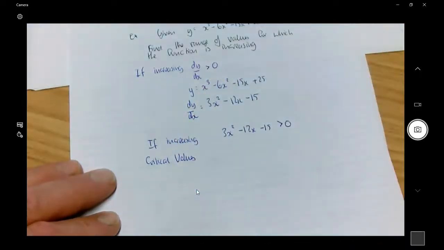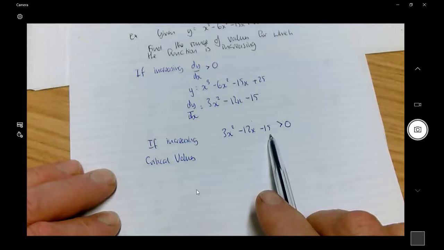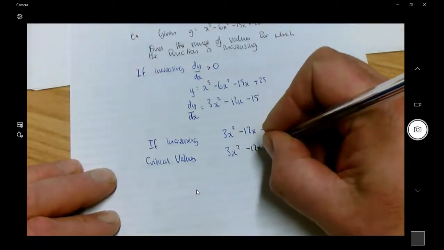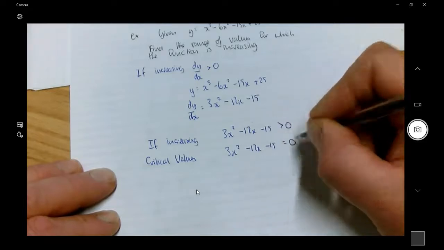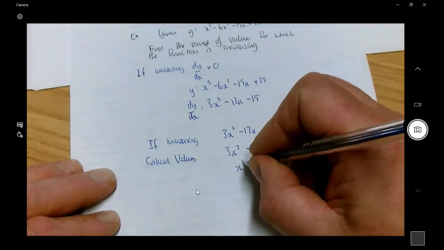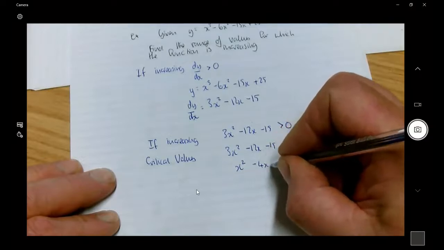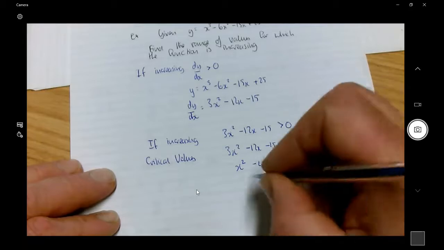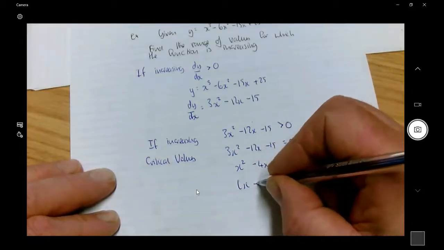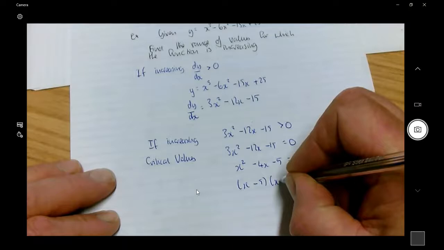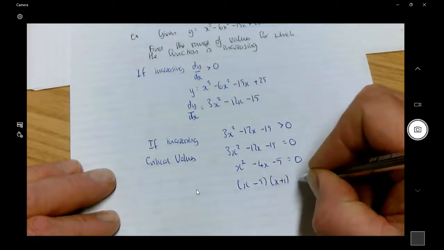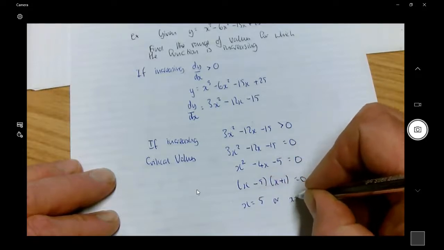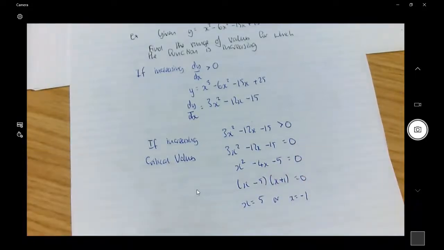The critical values are when that equals naught. And solving the quadratic, I'm not going to make a big fuss about this. (x minus 5)(x plus 1) equals naught, x equals 5, or x equals minus 1.